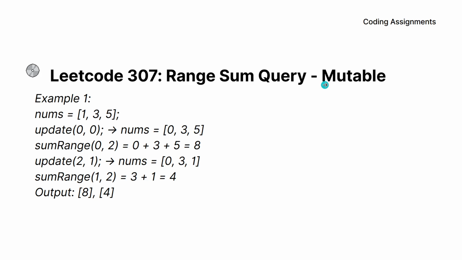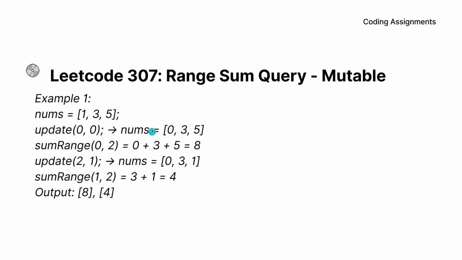To clarify my explanation, we will have one example. We are given the array nums with values 1, 3, and 5. First, we call the function update 0, 0. So nums at index 0 is now updated to 0, and the array is now 0, 3, 5. And we call the function sumRange 0, 2.